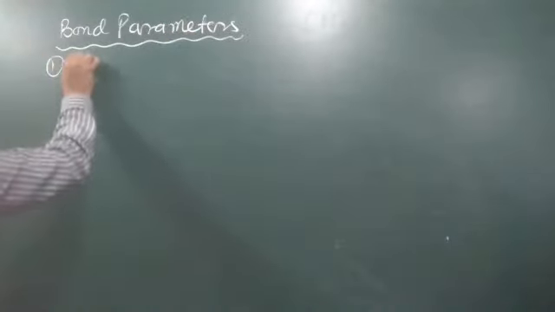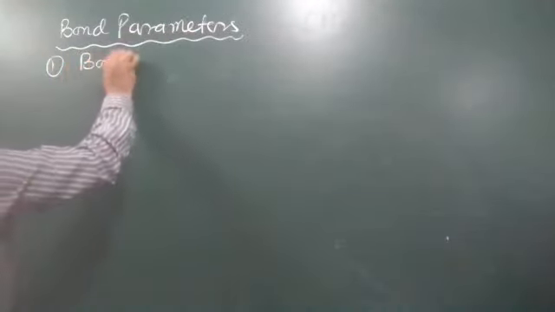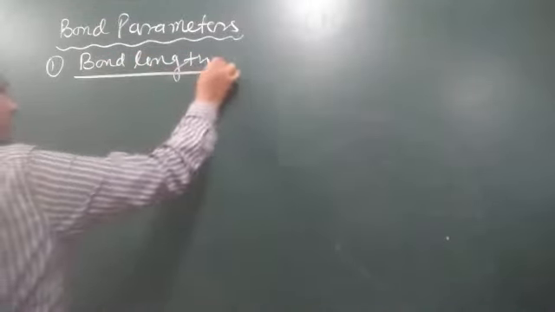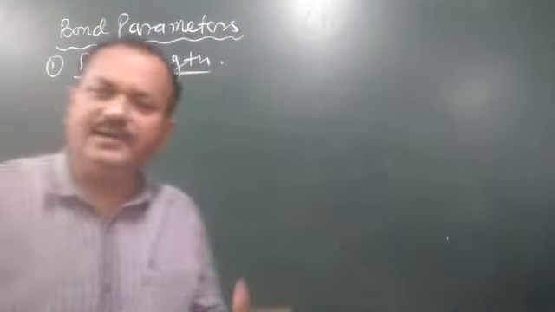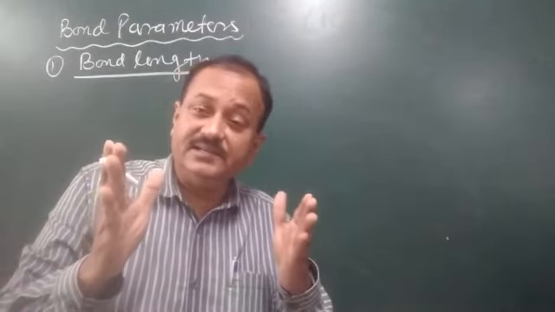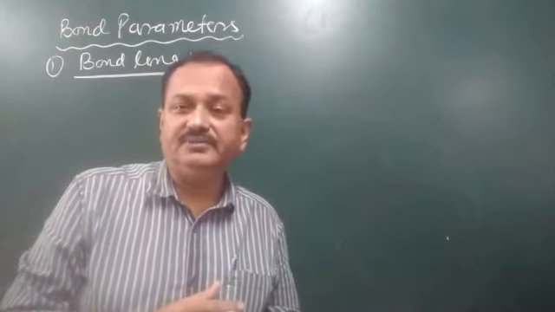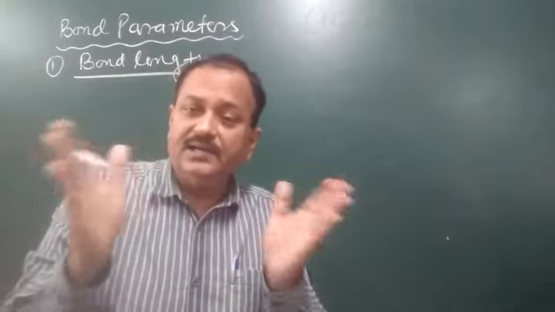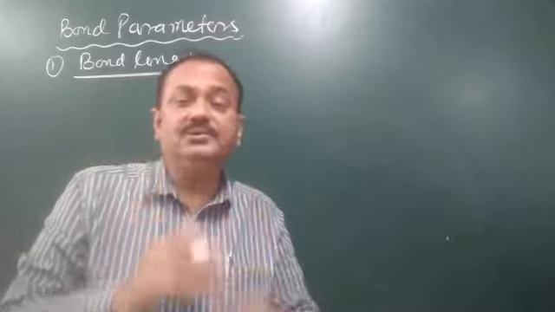And first is the bond length. As the name indicates, bond length is basically the distance between the center of the nucleus to the outermost orbit, or between the two nuclei.